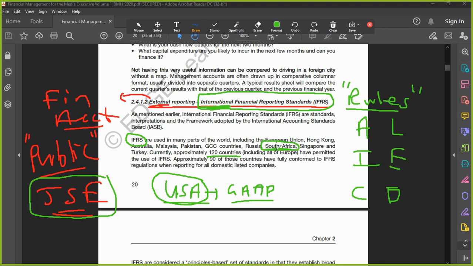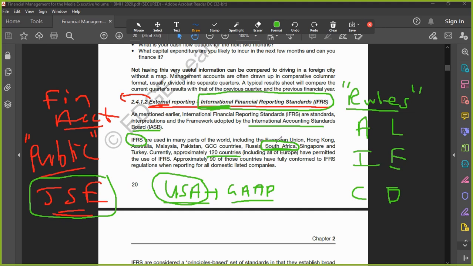In South Africa, we use an international set of rules governed by the International Accounting Standards Board. The IASB, the board, determines the framework and the interpretations and basically manages the rules outlined in the IFRS standards.